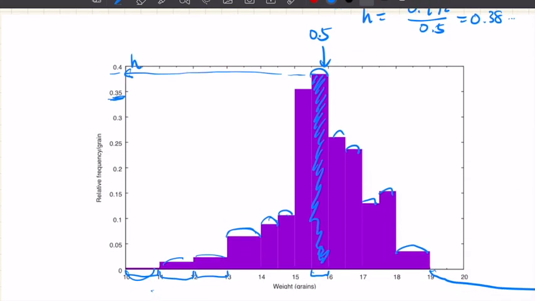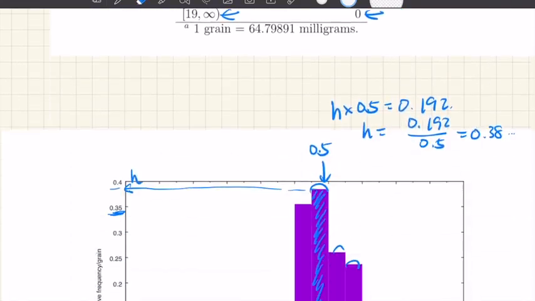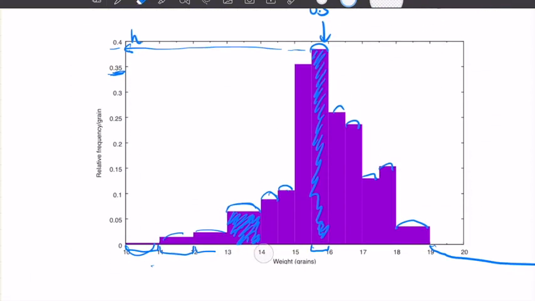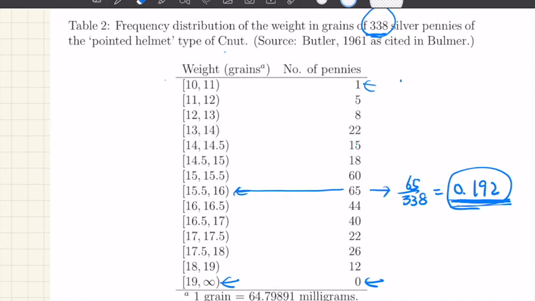And when the width of an interval is 1, then still this area corresponds to these relative frequencies. Let's take this one, 13 to 14. That is 22 pennies, so this should correspond to 0.0651 or so.